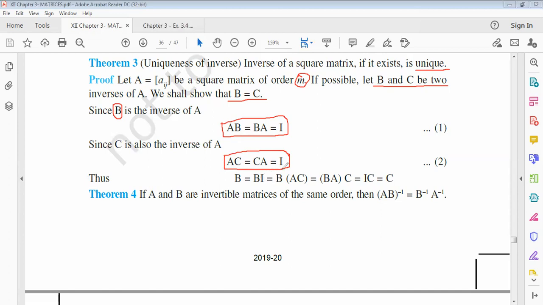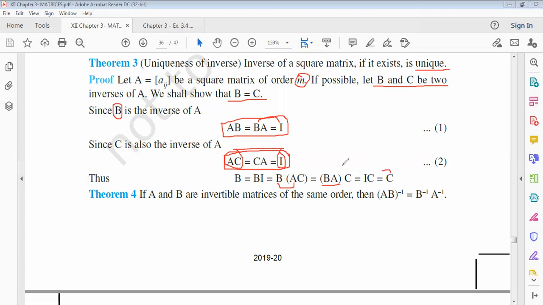Now what about I? In the place of I, we are substituting AC from this result. I को replace करेंगे हम AC से. Now, the bracket with B and A taken together, BA, into C. Now BA from the first equation: BA equals I. So IC, again the identity matrix multiplied by the matrix, gives the matrix itself as a result.